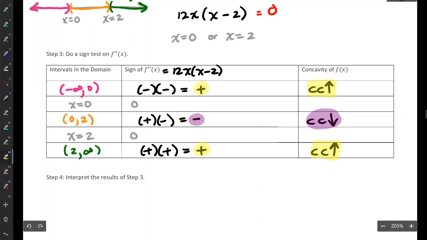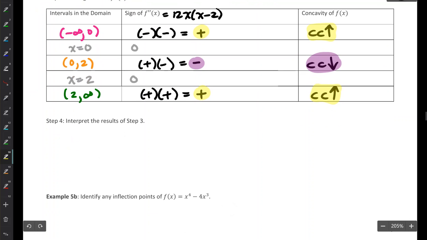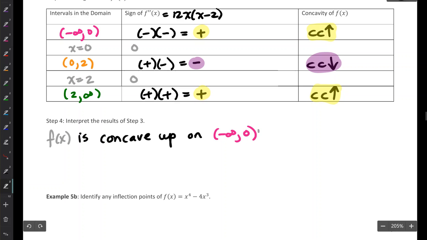Now all I need to do is tell the reader we're interpreting these results. So my original function is concave up on these intervals, minus infinity to 0, union 2 to infinity.